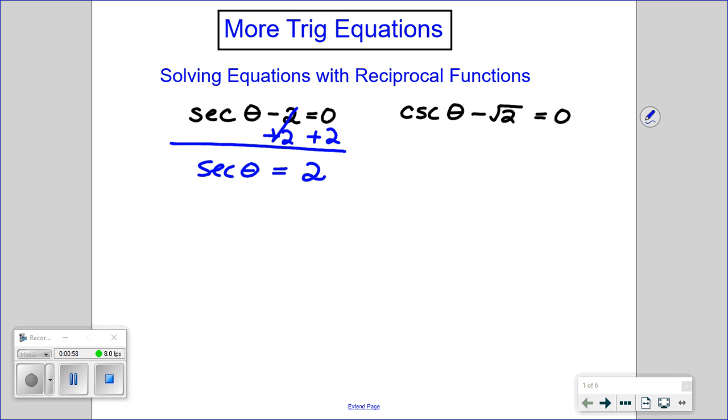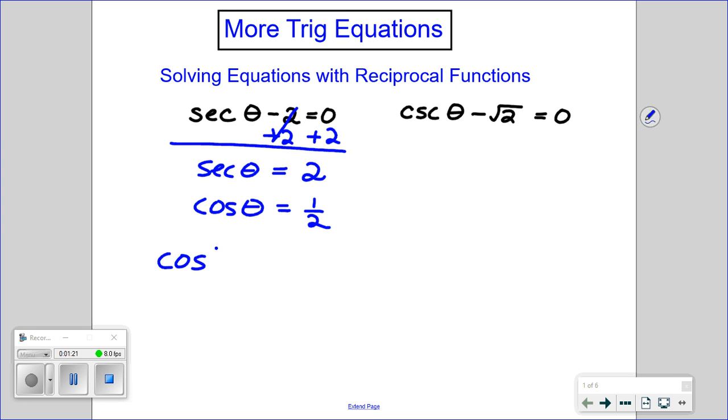Then we're going to use the fact that secant is the reciprocal of cosine. So that means that if secant equals 2, then cosine of theta would have to equal 1/2, which is the reciprocal of 2. And then from there, we're just going to approach it the same way we've been doing.